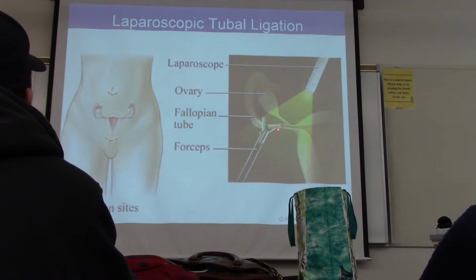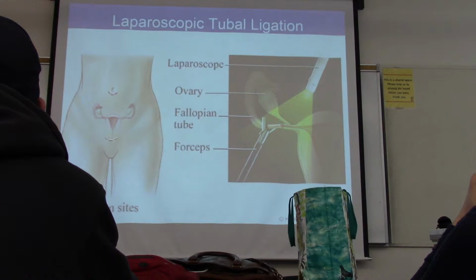Once the piece of tube is out, they almost never grow back, although I'm sure there are cases of it, but I still believe when a tube grows back, it's usually because the doctor got the wrong thing. He got an artery or a vein.